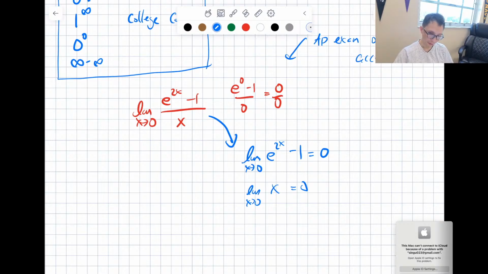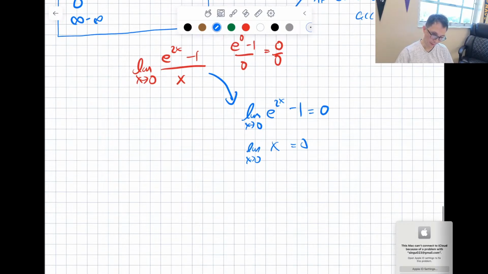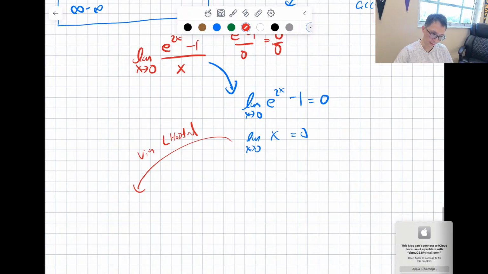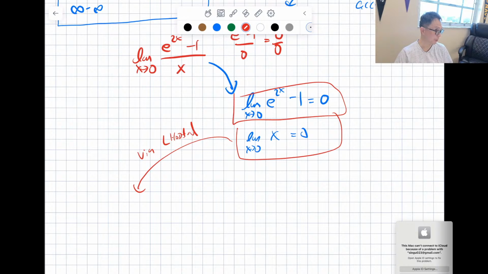So then you can say, because of this, via L'Hopital's rule. First, numerator equal to 0, denominator equal to 0, in order to use L'Hopital's rule. I don't know why, but on FRQ you have to do that. MCQ, you don't. FRQ, you have to write it out in order to activate L'Hopital's rule.